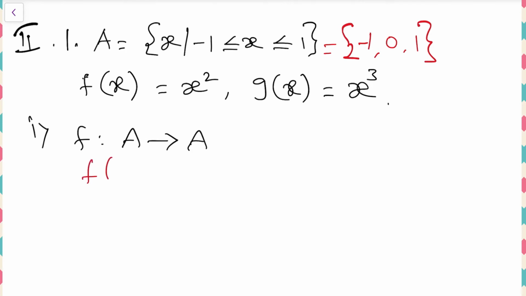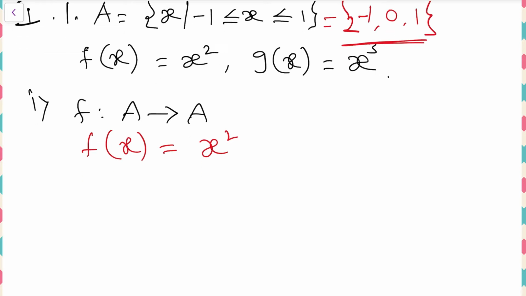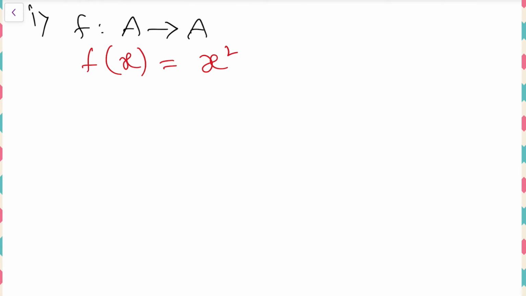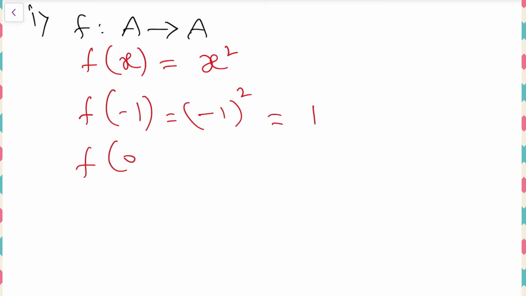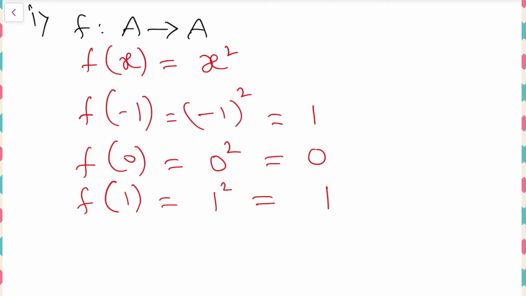f(x) he gave as x². So from -1, 0 and +1, one by one I will substitute each element in the place of x. First is f(-1). (-1)² is +1. Then f(0), that is 0², which is 0. f(1) is 1², which is 1.